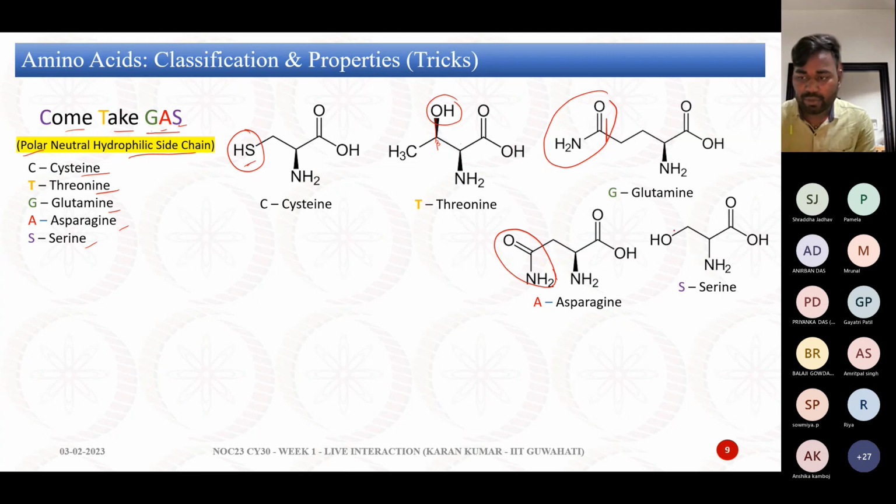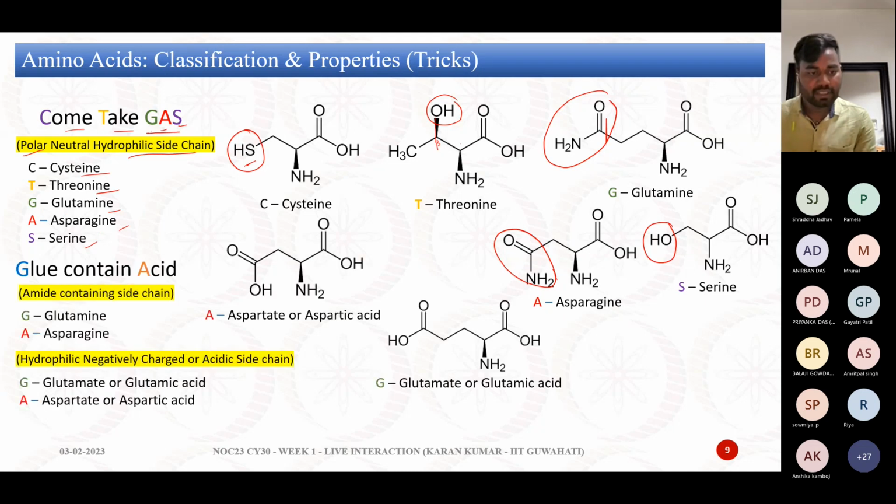In serine, you have the OH group at the beta carbon. So to remember polar, neutral, hydrophilic side chains, you can recall them using the technique "Come Take Gas", where C represents cysteine, T represents threonine, G represents glutamine, A represents asparagine, S represents serine.